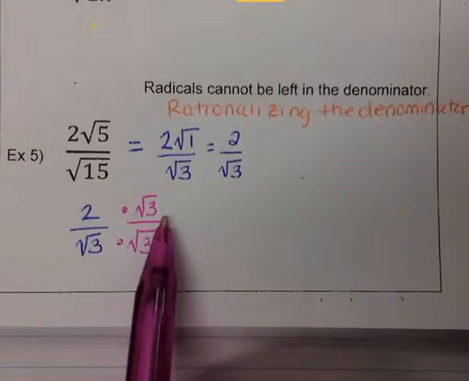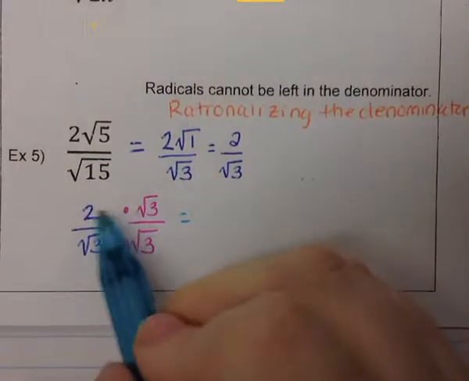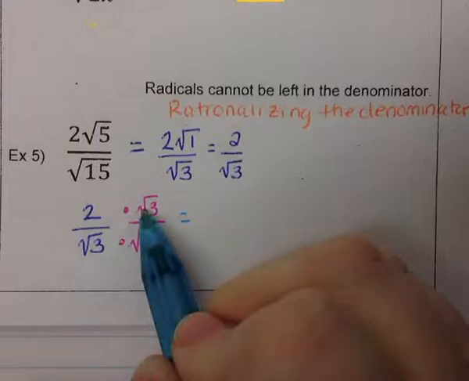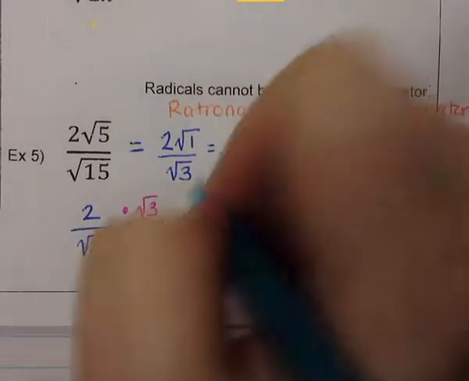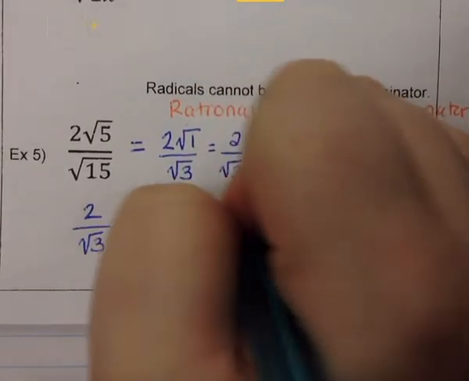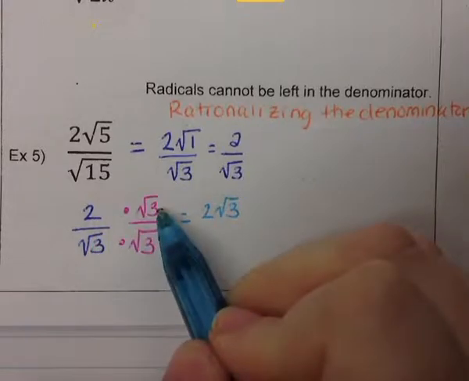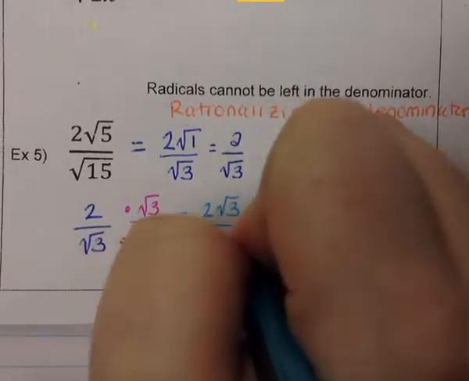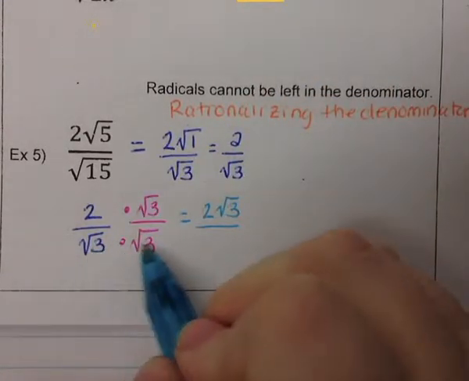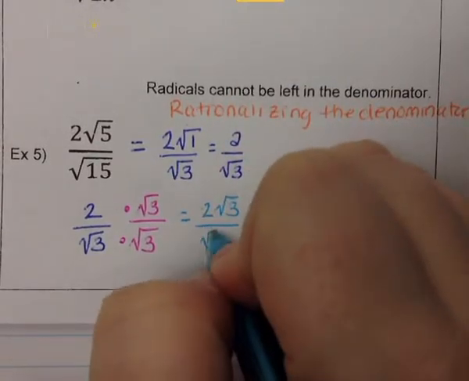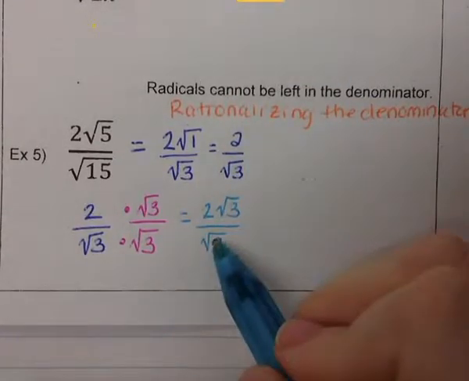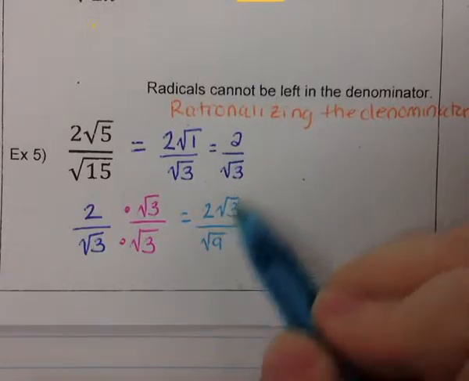So now we just actually multiply these. Numerator to numerator, 2 times the square root of 3 is 2 square root of 3, coefficient, radicand, over. The square root of 3 times the square root of 3 will become the square root of 9. This does happen, but do not try and simplify this now.